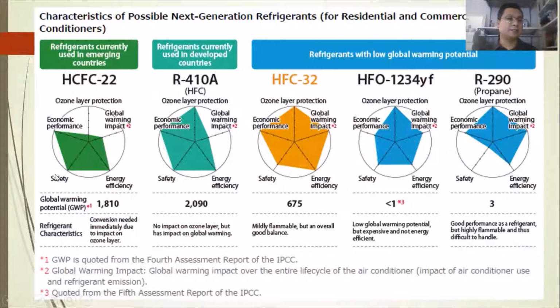Then we can check the graph, which compares economics, performance, safety, and energy efficiency. In the almost ideal condition that we need in a refrigerator, it is dominated by HFC 32. It is very good for us.